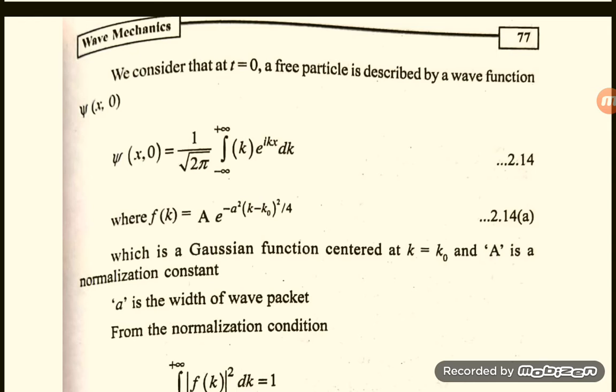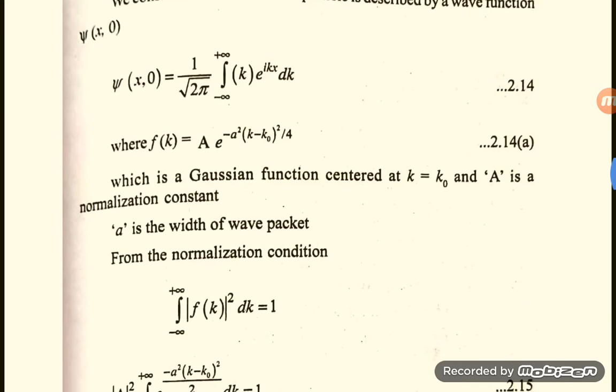From the normalization condition, we already discussed what normalization is. In that condition, the particle should exist within the region, from minus infinity to plus infinity.